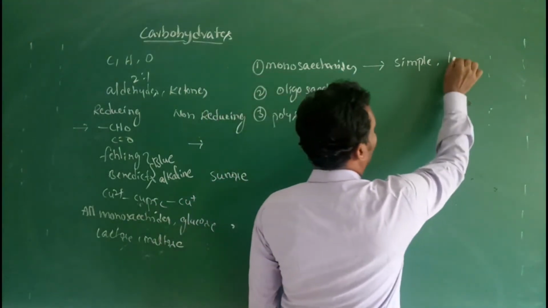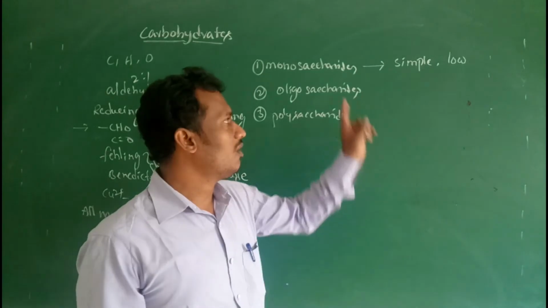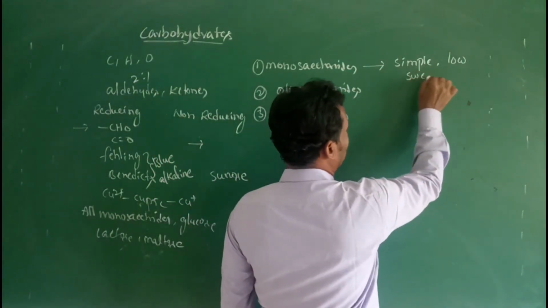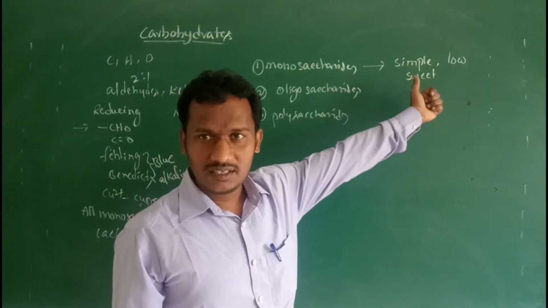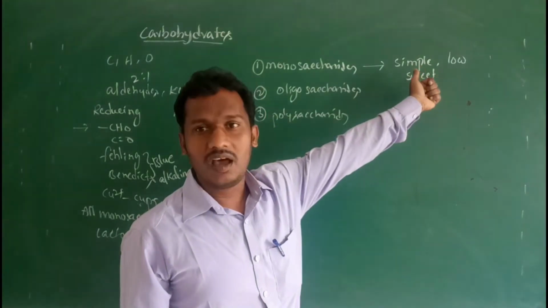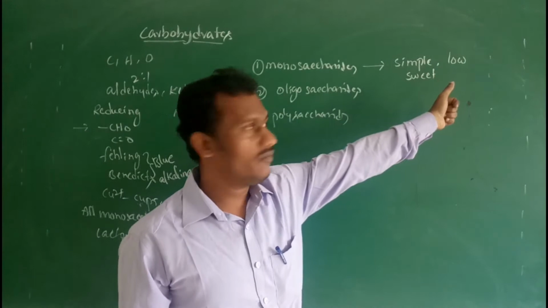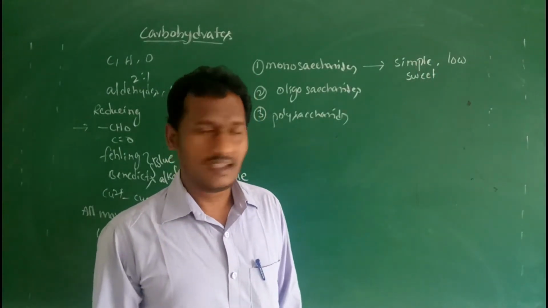They have low molecular weight, are water soluble, and are sweet in taste. So monosaccharides have a simple, small molecular structure, low molecular weight, water solubility, and a sweet taste.